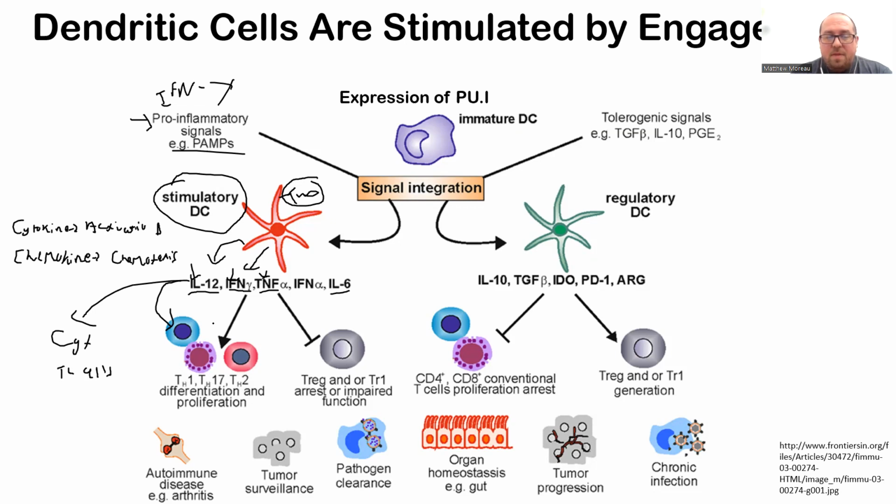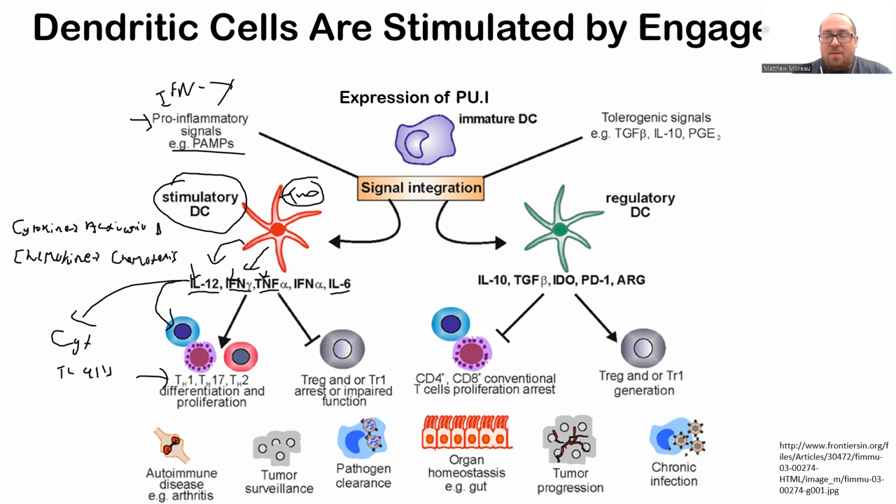And they play an important role in skewing the immune system to the specific response that the immune system is supposed to have, also known as the T helper response, and the cytotoxic T cells if they are required.